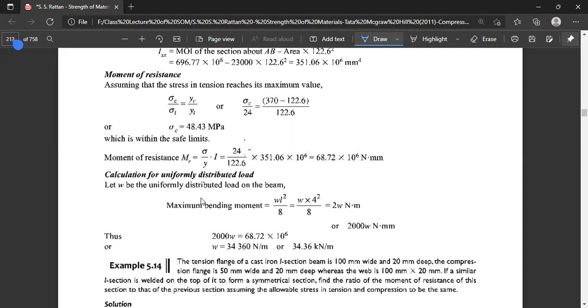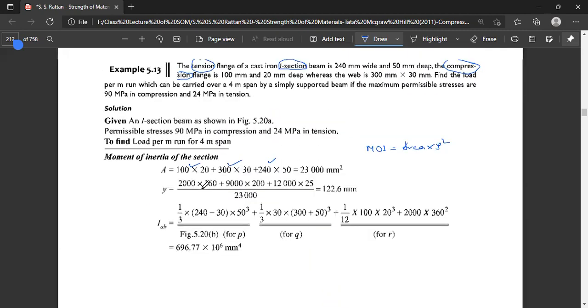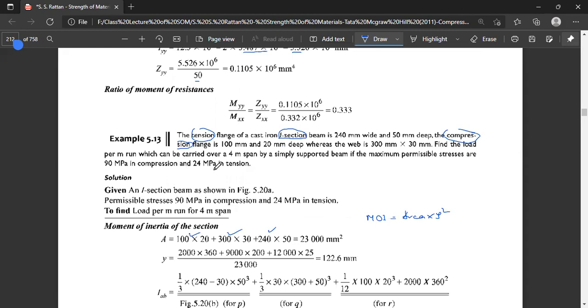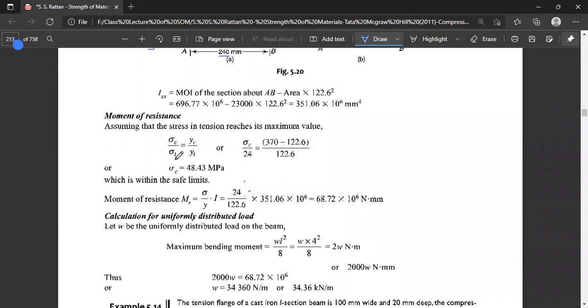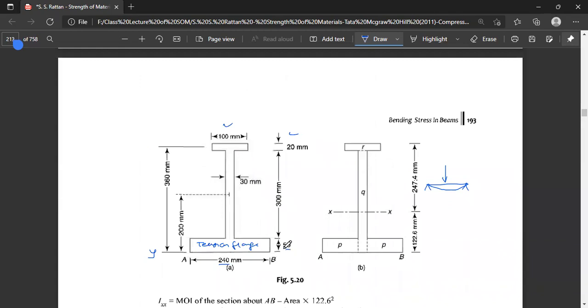Okay. Now, which is within the set limits, the moment. Now the stress in tension is the maximum. First, we have to understand sigma C and sigma T. Sigma T, the maximum permissible stress in tension, is given as 24 MPa. So we put the maximum tension here, and the stress is maximum compared to the maximum compressive stress, that is YC, the total distance of 370, that is 300 plus 50 plus 20.